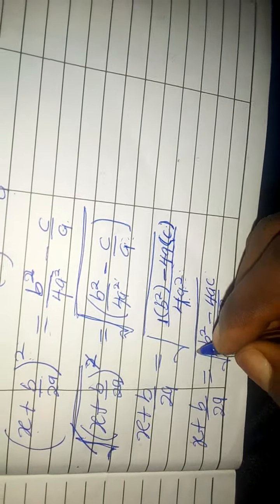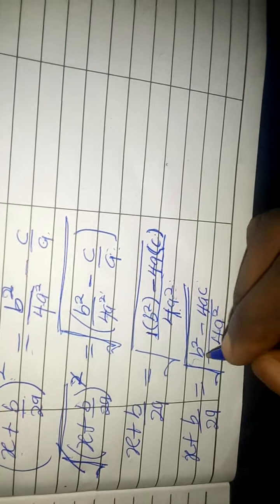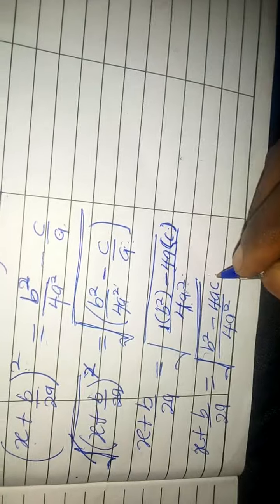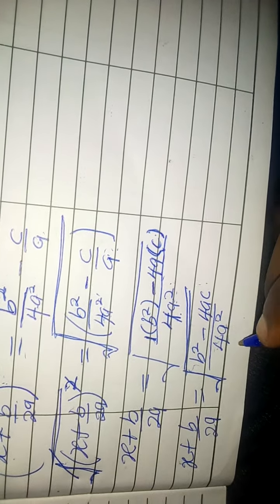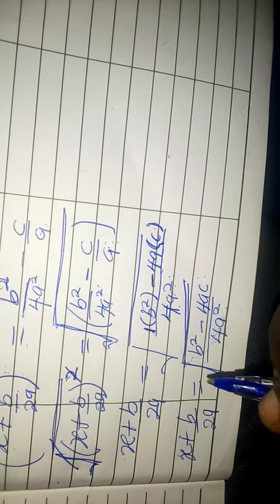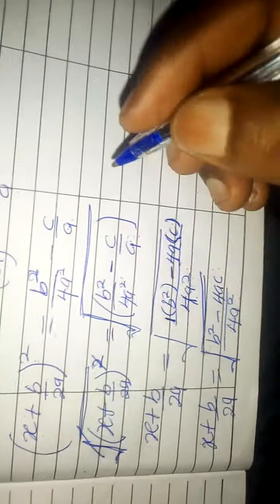Now we can do something about it. The square root sign here affects b squared minus 4ac and then 4a squared. So what do we do? We can separate it. Let's separate it and see. Already we have x plus b over 2a. Now we can separate it.